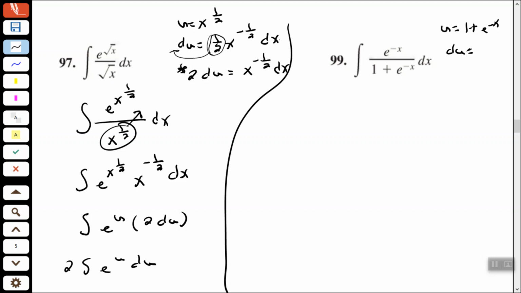Then du equals, so derivative of 1 is 0, and the derivative of e to the negative x is negative e to the negative x dx. And what we needed was e to the negative x dx. So let's multiply both sides by negative 1. So negative du equals e to the negative x dx.